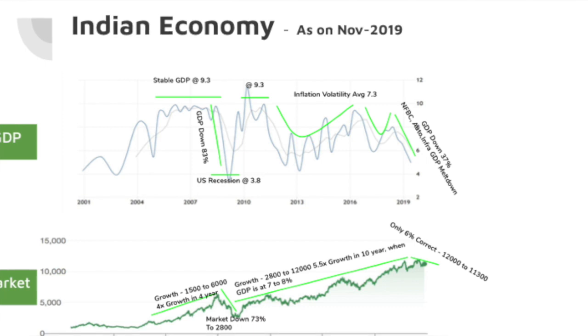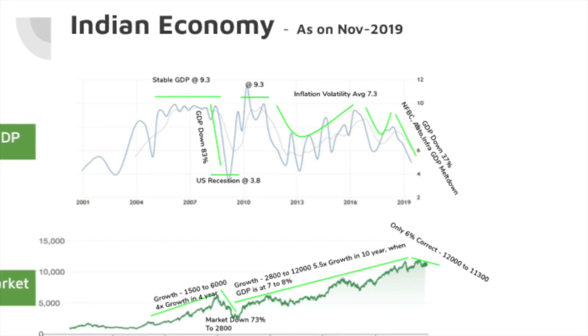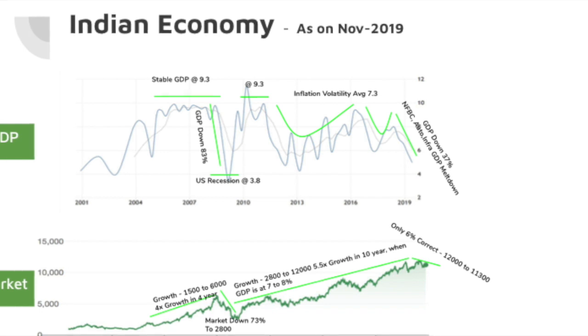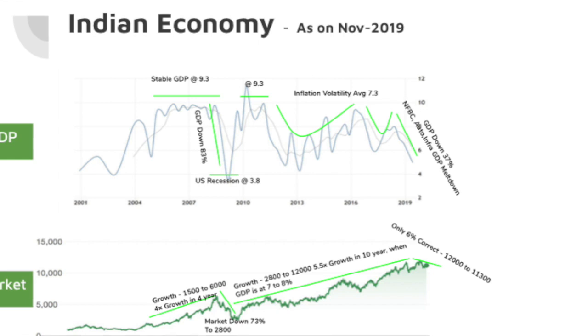But during the same time frame, from June 2019 till September October 2019, the market didn't correct much. That may be because of new announcements from the government, like cutting the corporate tax and correcting our GST rules, right?